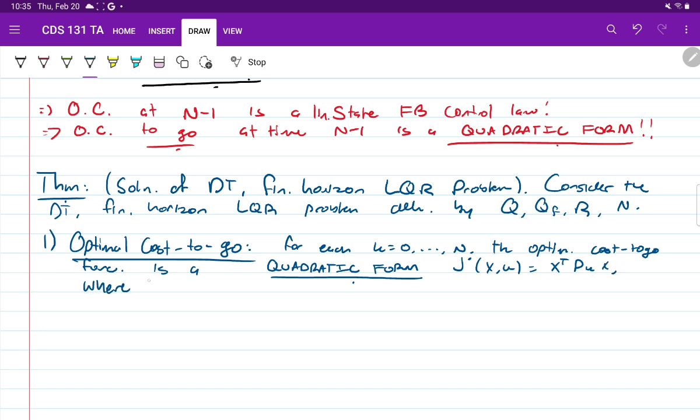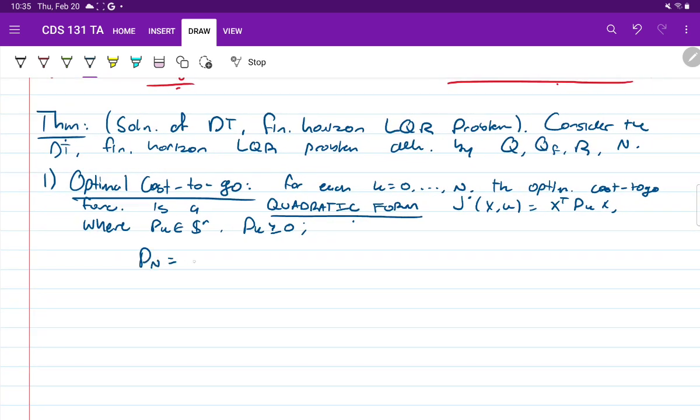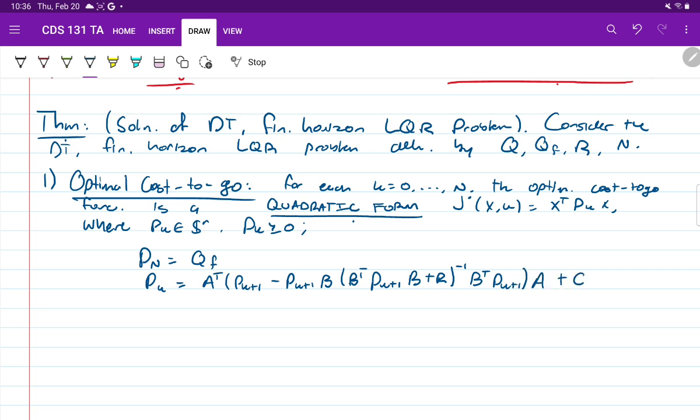And in particular, we're going to have that each Pk will be a symmetric n by n matrix, right? It's going to be positive semi-definite as well, and it's going to satisfy this recurrence: PN equals Qf, and P at time step k will equal this very long equation, A transpose times Pk plus 1 minus Pk plus 1 times B, times B transpose Pk plus 1 B plus R, all inverse, times B transpose Pk plus 1, my gosh, all times A, plus Q, all right?